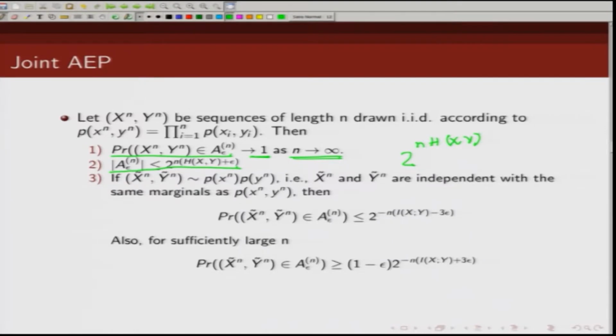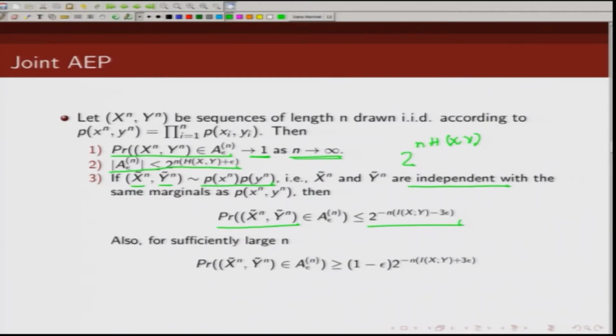And what's the third property? If x^n tilde and y^n tilde are independent length-n sequences with the same marginals, then the probability that x^n tilde and y^n tilde belong to the jointly typical set is upper bounded by 2 raised to the power minus n times (mutual information between X and Y minus 3 epsilon).